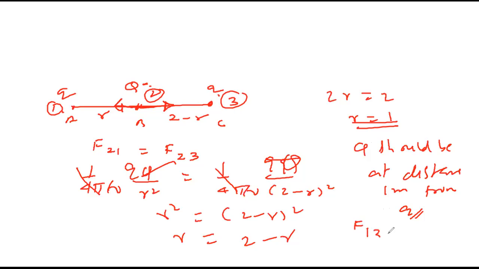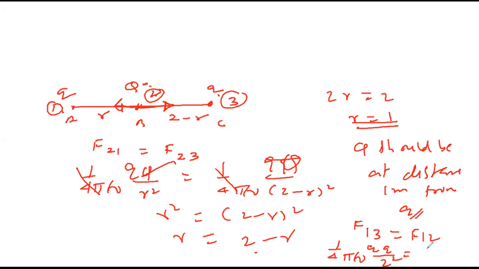1 3. See, if you take F 2 2, everything gets cancelled, you get r. Now after getting r, we want to keep the q. That means we want this 2. So I can take the magnitude of F 1 3 equals the magnitude of F 1 2. F 1 3 is 1 upon 4 pi epsilon Q into q, distance is 2 square.